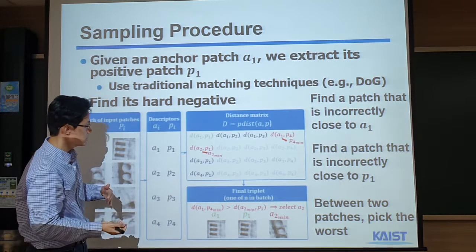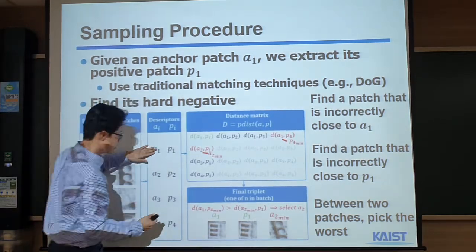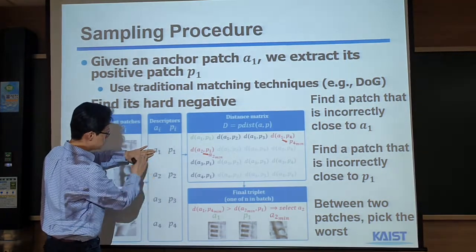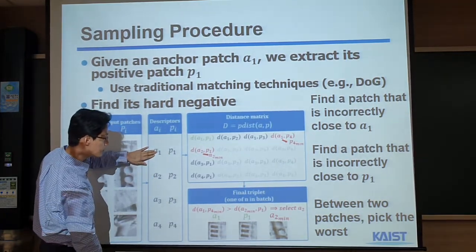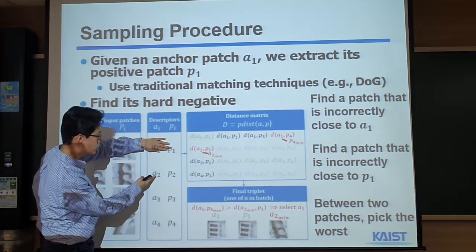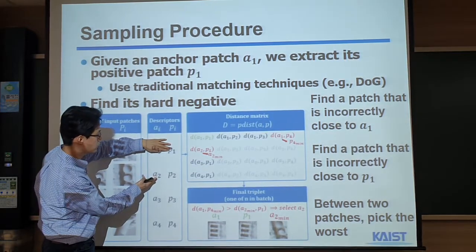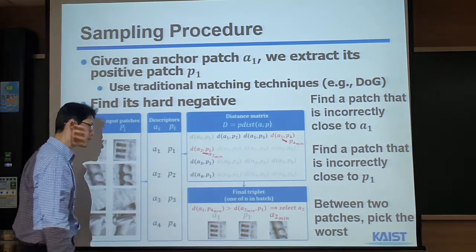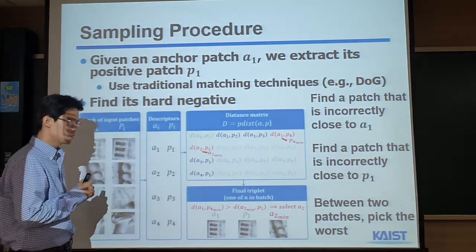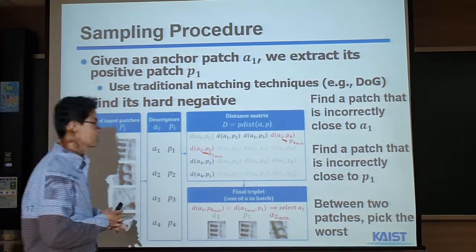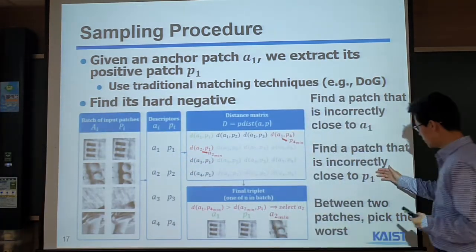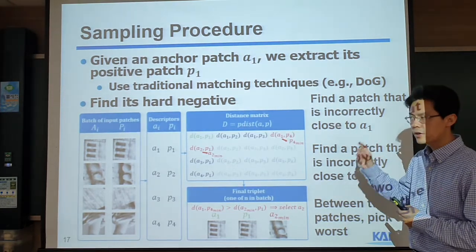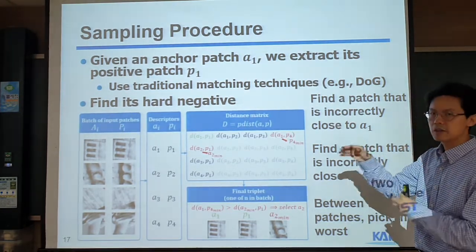Suppose that A1, P4 shows the smaller distance out of A1, P2 and so on, and P1, A2 shows the smallest distance between P1 and the other anchors. Out of these, they pick the smaller distance and treat it as the actual worst case. In other words, we know that it's a negative, but somehow it shows the smallest distance in the feature, right?